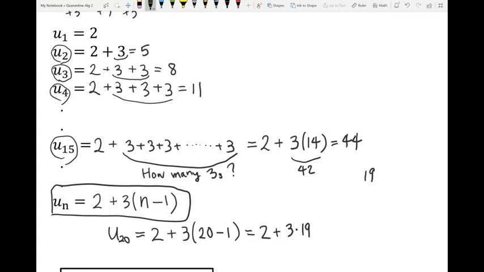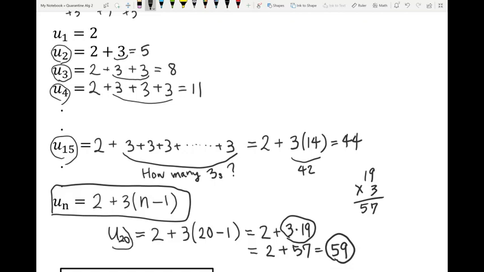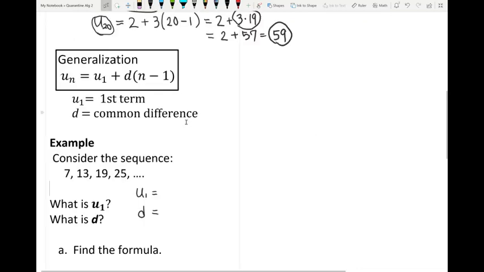Now, 19 times 3 is, what is it, 57? Okay, so it is 2 plus 57. So 3 times 19 is 57, which gives 59. So you just figured out that the 20th term is going to be 59.